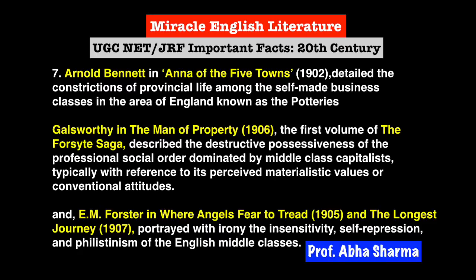And E.M. Forster, in Where Angels Fear to Tread and The Longest Journey, portrayed with irony the insensitivity, self-repression, and Philistinism of the English middle classes. Philistinism means those who are hostile and indifferent to culture, art, painting.